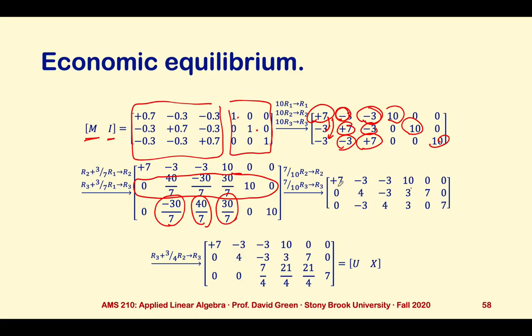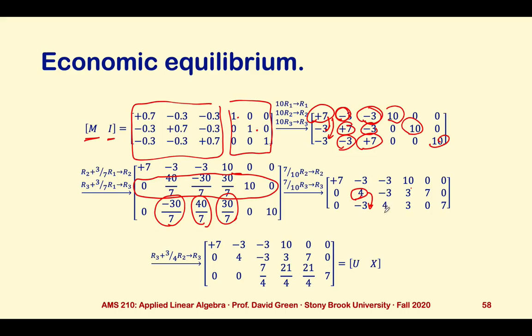Now that things are a little bit more clean, we can move down a row, over a column, one more pivot. To eliminate this -3, we would add 3/4 of the second row. -3 plus 3 is 0. 4 plus -3 times 3/4.